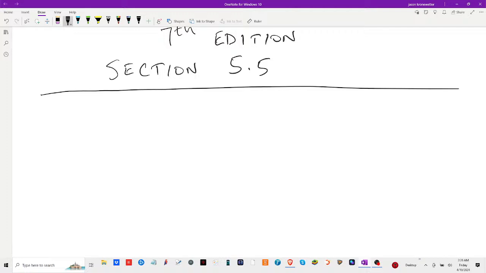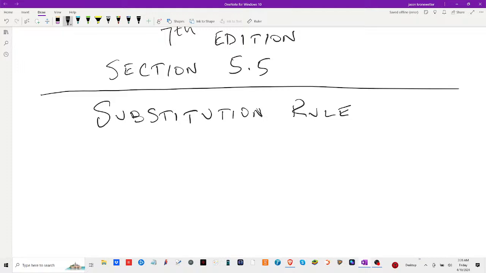Okay, so it's about the substitution rule. And that rule is a little misleading because chapter 5 of this book is about the antiderivative, and the antiderivative is about undoing the derivative, finding a function so that when you take the derivative, you get back to the original one.